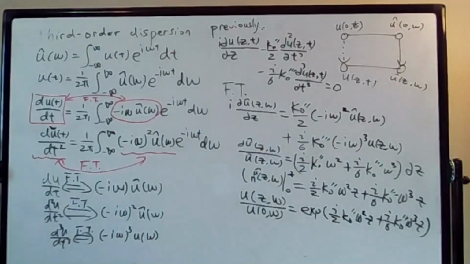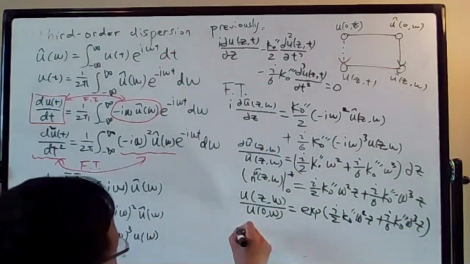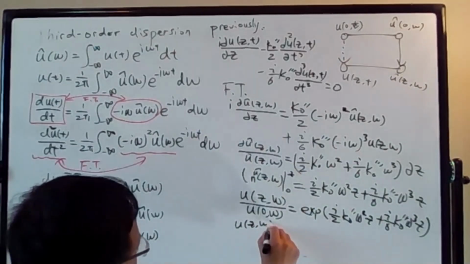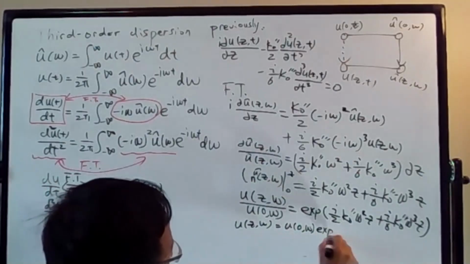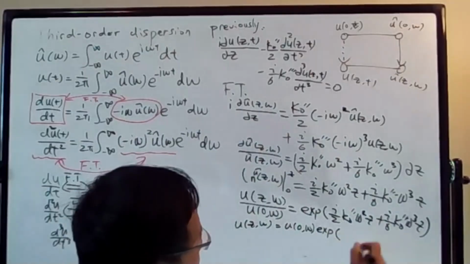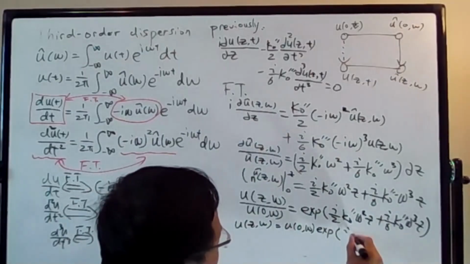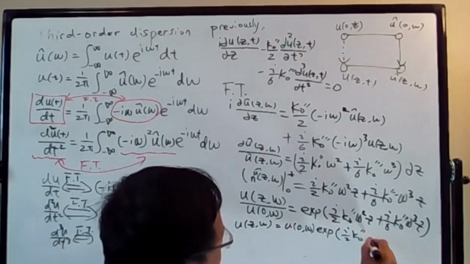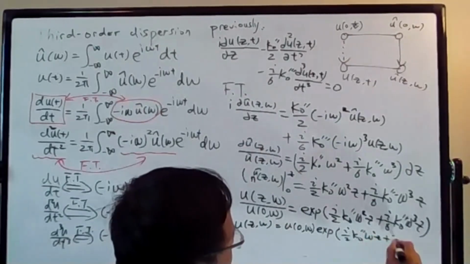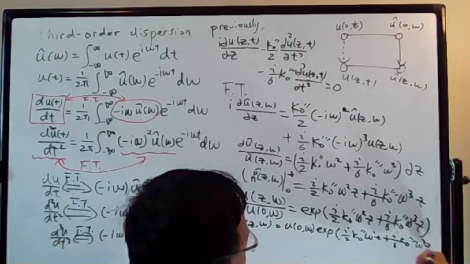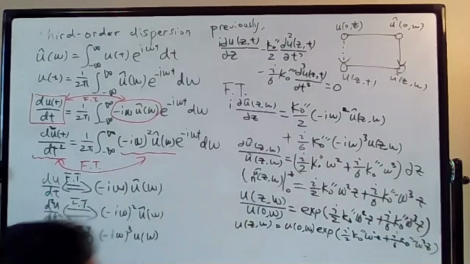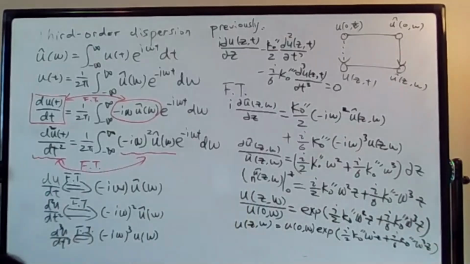That's all the terms. Okay, so at the end, what we have is u tilde z omega equals u0 omega times the exponential of this big piece, right? Let me write it down: k0'' omega squared z plus i/6 k0''' omega cubed z, right?